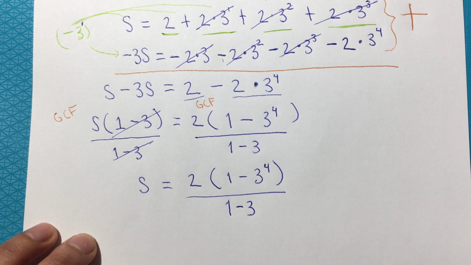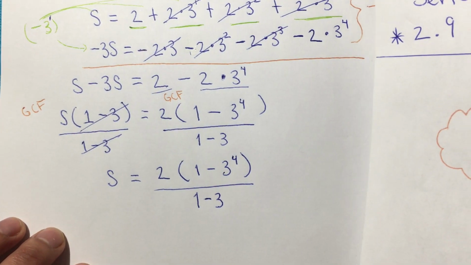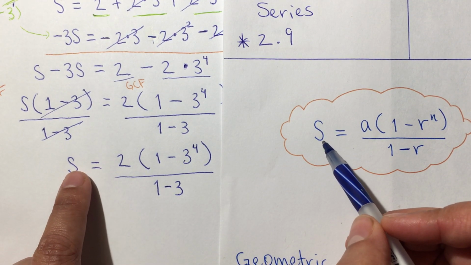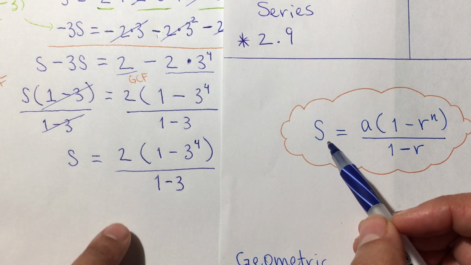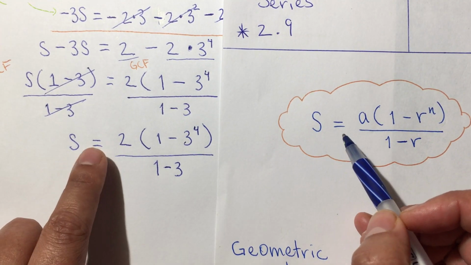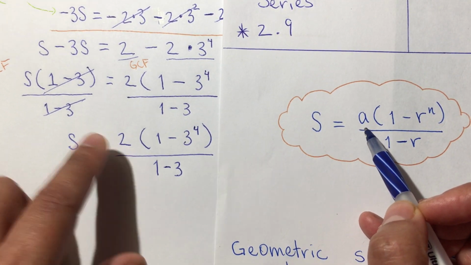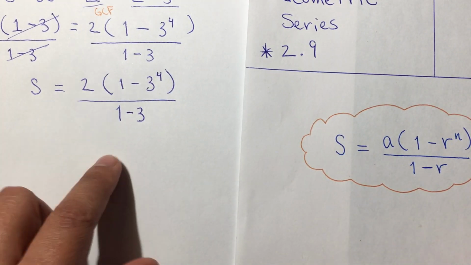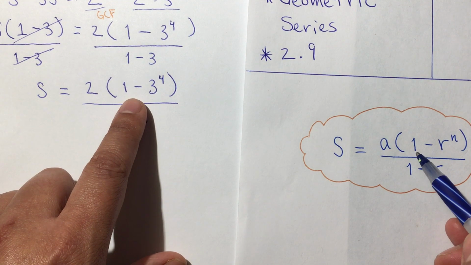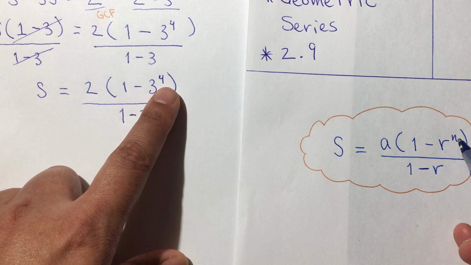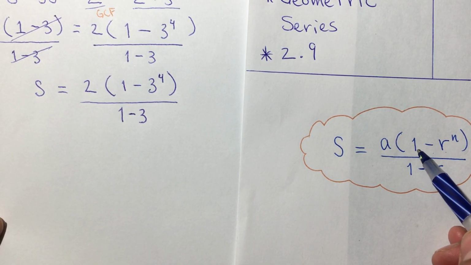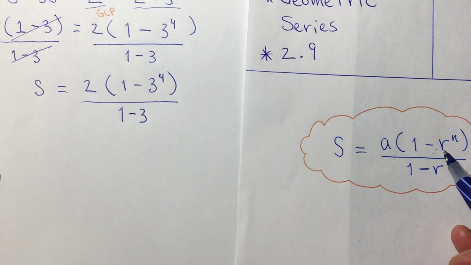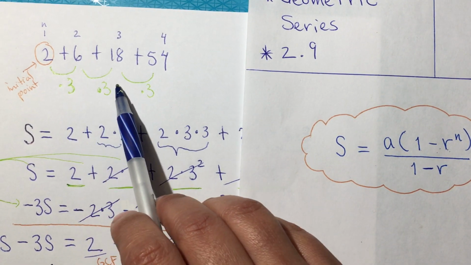Now, if you look in here, it says that the sum, which I'm going to write down in a minute, is equal to the initial point. If you look at the list that we have here, the initial point is 2 times 1 minus the ratio to the nth power. 1 minus is part of the formula, and r is the ratio, which is times 3 times 3 times 3.